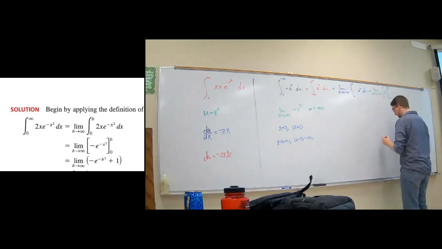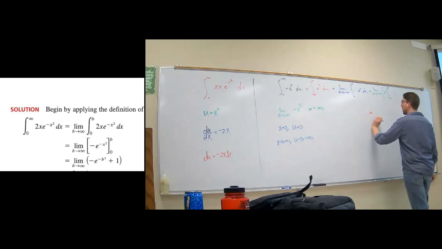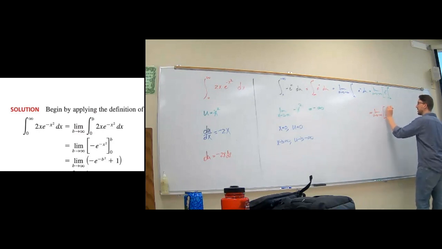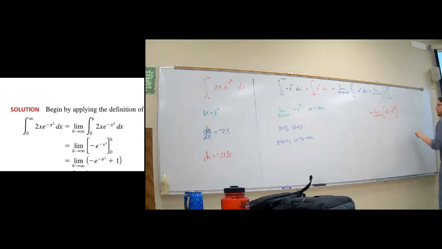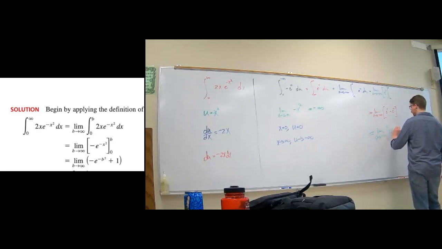But this is going to give us the limit as a goes to negative infinity of e to the 0 minus e to the a. This is just equal to 1 minus e to the a. So we have the limit as a goes to negative infinity of 1 minus e to the a.